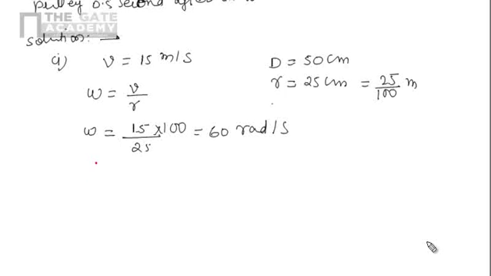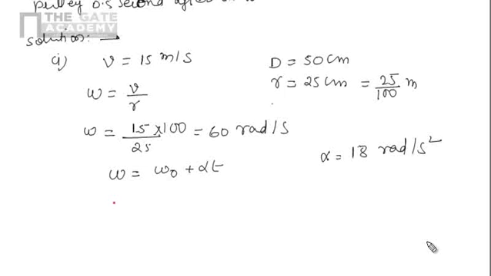Now we can use the equations for circular motion. I am using omega equals omega 0 plus alpha t, and here alpha is given, that is 18 radian per second square.